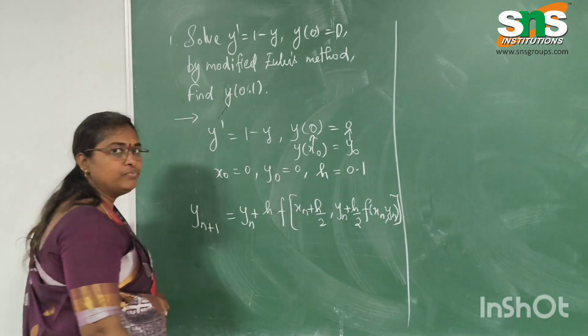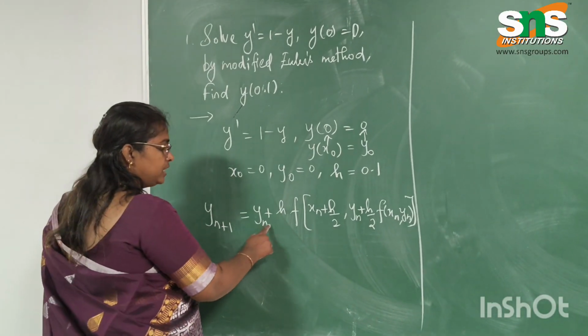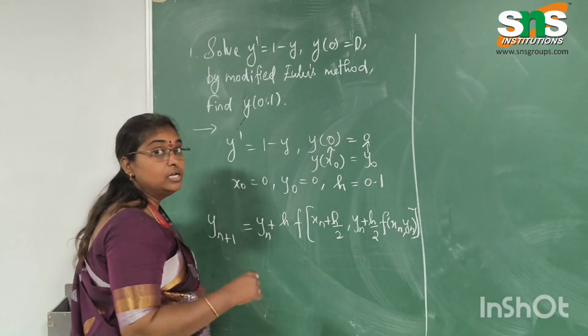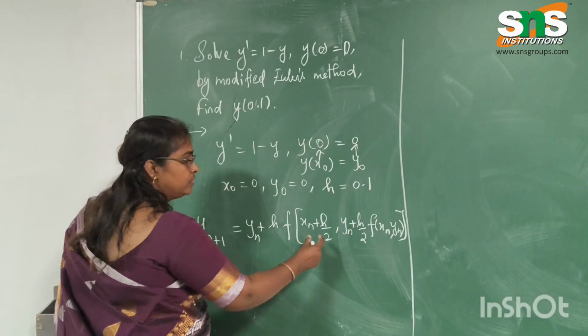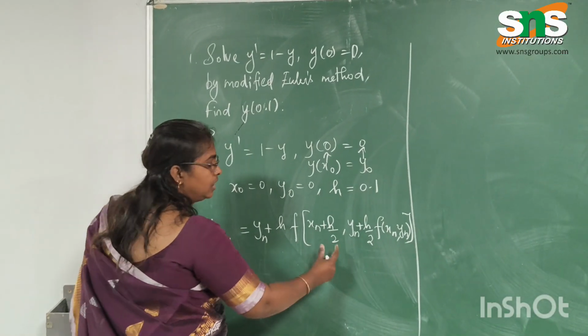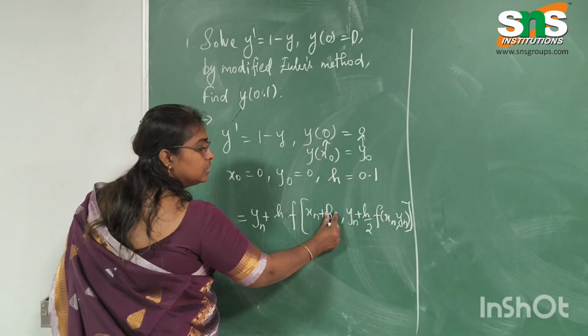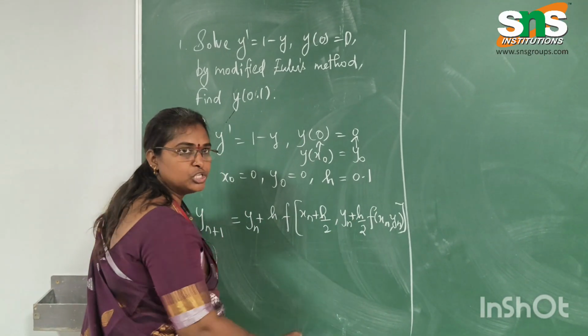This is our modified Euler's method formula. Already we know y n plus h into function of x n comma y n is our Euler's method formula. Here the function in terms of x and y is extended, and we are adding the difference divided by 2 to this function also.